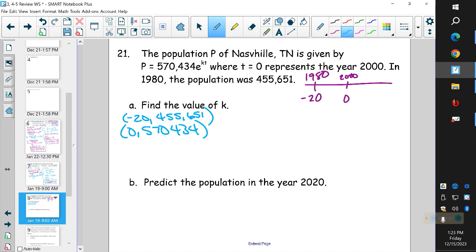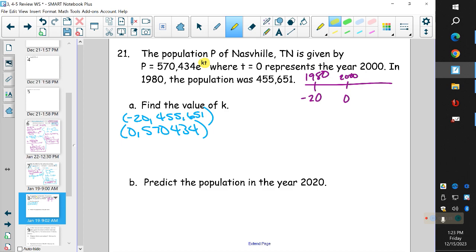434. Yes. Now, why does she know that the population in 2000 was 570,434? It doesn't say that in the problem. How does she know that? If I were to put in a 0 right in there for t, anything times 0 is 0, and 0 as an exponent means that's a 1, correct?